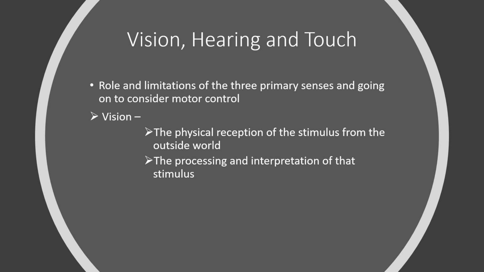Whatever information we perceive will, in the first instance, be captured or gathered by the vision. So we can roughly divide visual perception into two stages: the physical reception of the stimulus from the outside world, and secondly, the processing and interpretation of that stimulus.